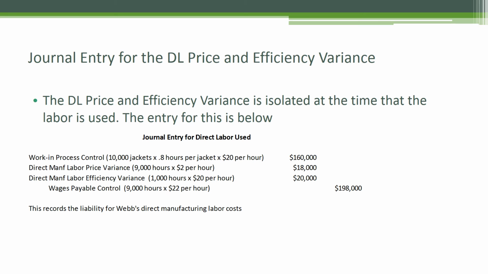And our last entry, of course, is a credit balance to wages payable, which is for $198,000, which is the 9,000 hours that we actually worked times the $22 an hour that we actually paid.